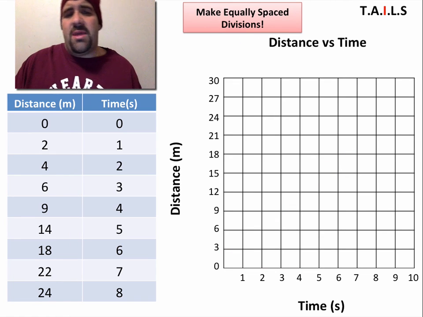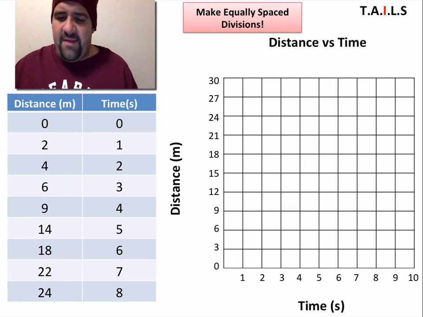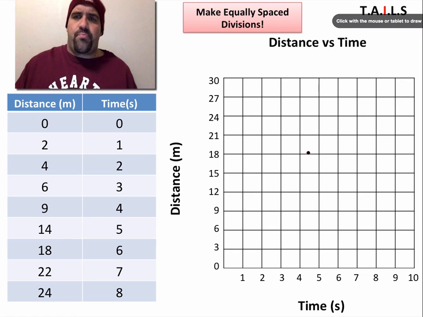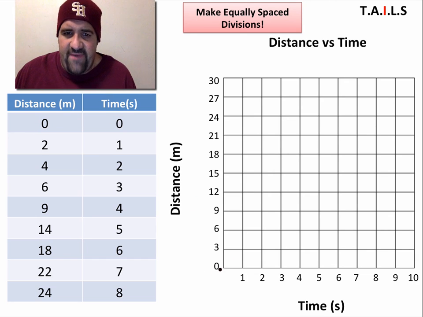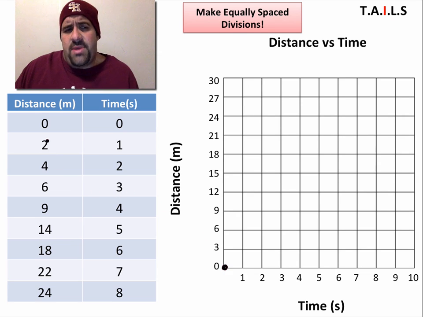And let's actually plot this data and make sure we know how to do it. So if we wanted to actually plot this data, we're simply going to take our points and match them up. Distance is 0, time is 0. So the first point is at 0, 0. Our second point has a distance of 2, which is about right here.